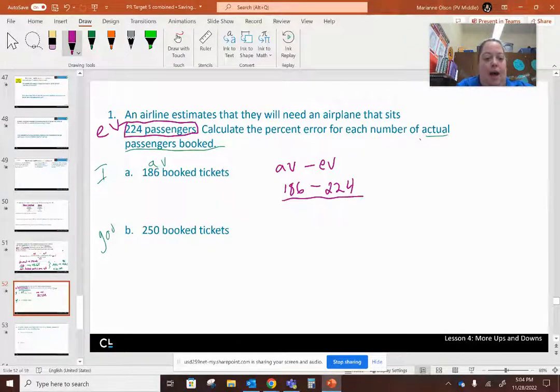I'm going to divide that by my actual value, 186. Okay, so first thing, and I could write it this way as well, 186 minus 224. I get my answer. So again, using my calculator, I'm going to type that in, and I will get a negative answer. I got negative 38.